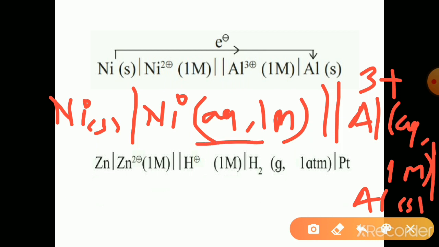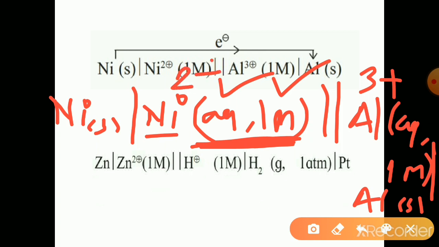So in this way its state and concentration are shown exactly beside the symbol of that ionic species, in the bracket.